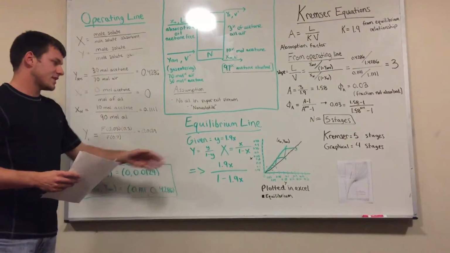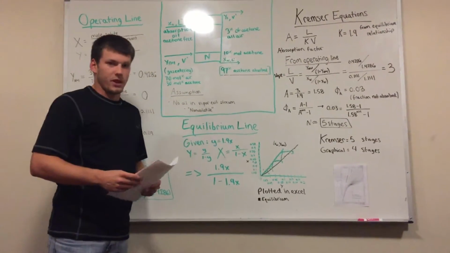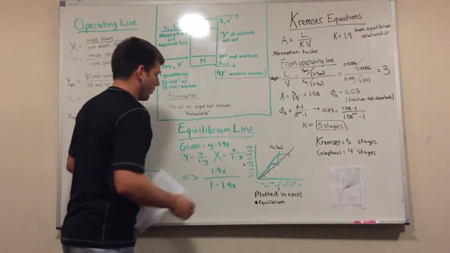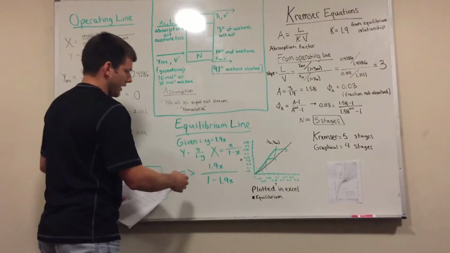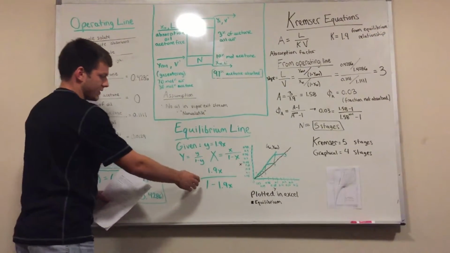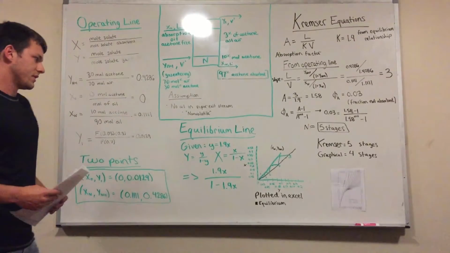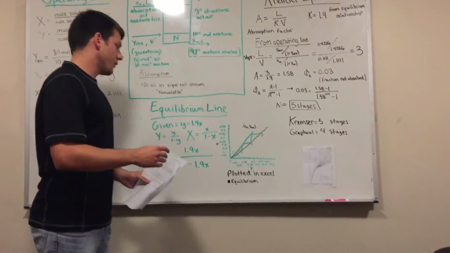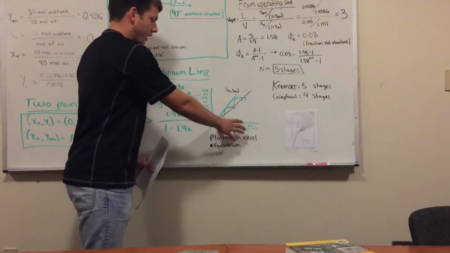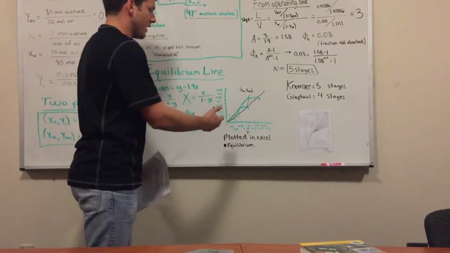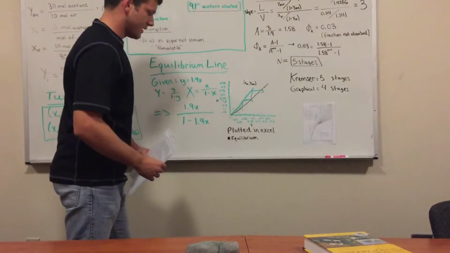Our next step was to find the equilibrium line. We're given that small y is equal to 1.9x, and through these correlations we get 1.9x over 1 minus 1.9x as our final equation. For the graph, I actually plotted in Excel, but for instructional purposes I have it up on the board for you to see.